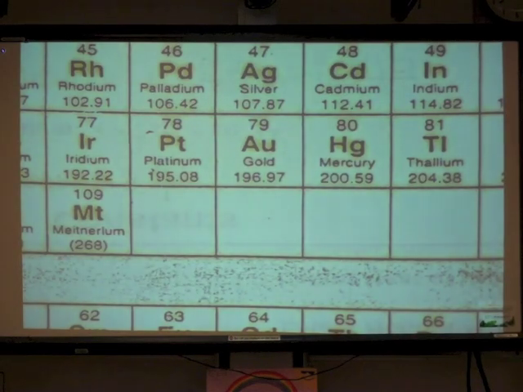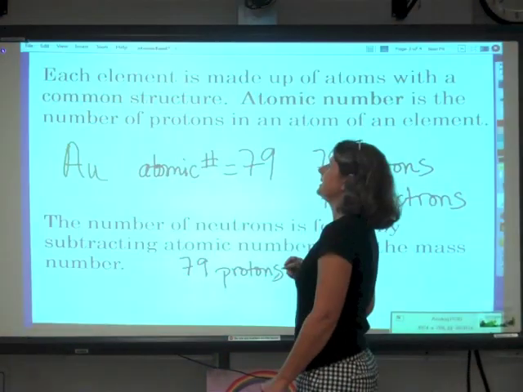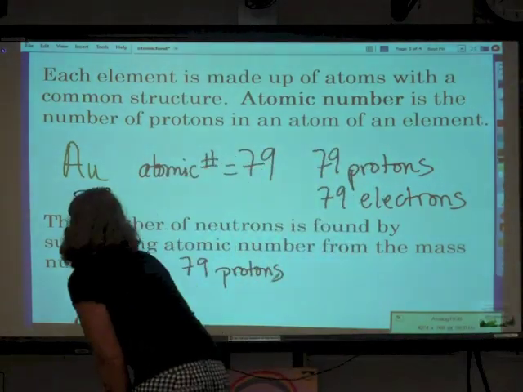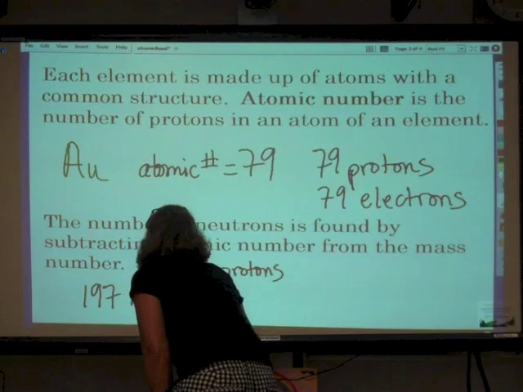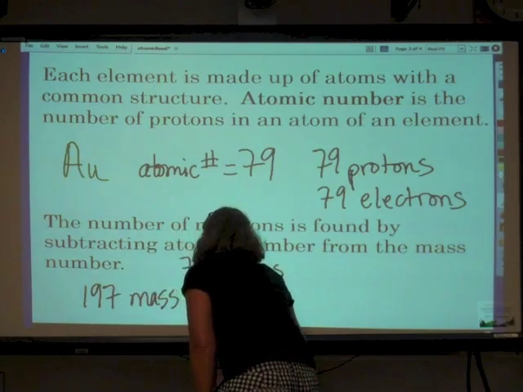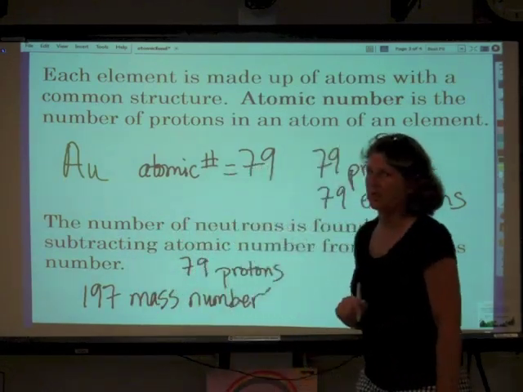That will round to 197. Okay, so 197 is its mass number. That is the atomic mass rounded.